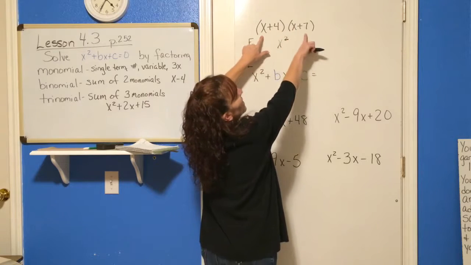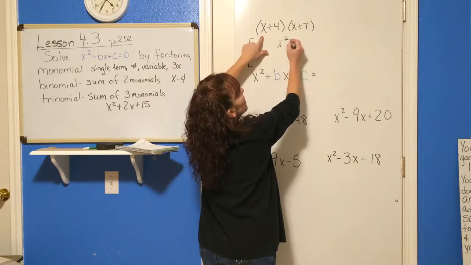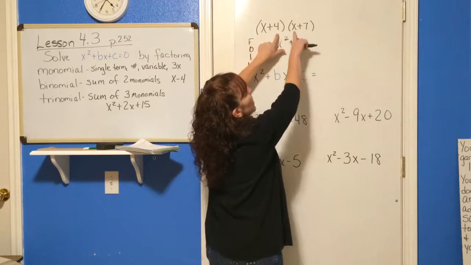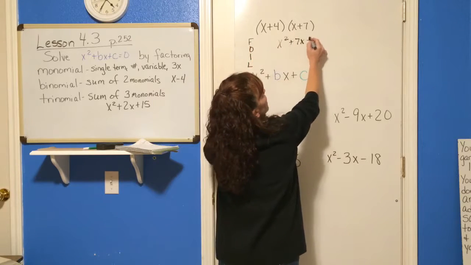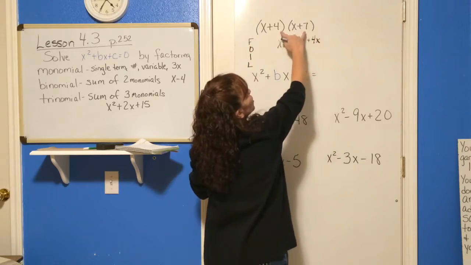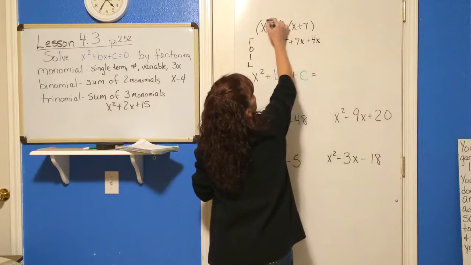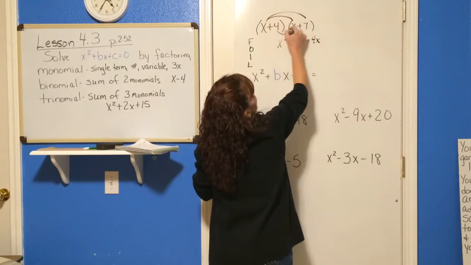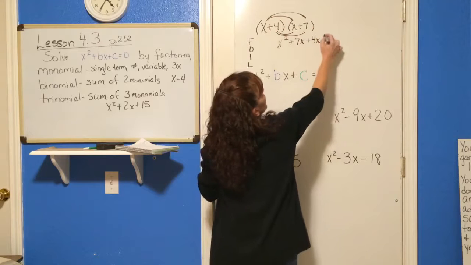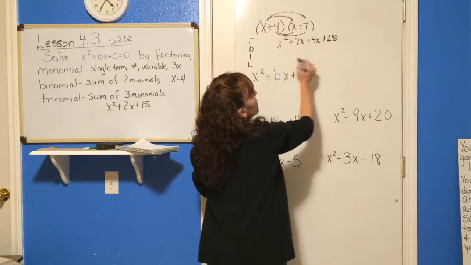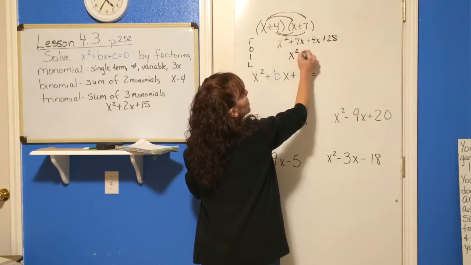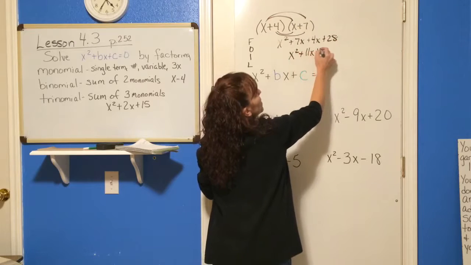The outside was 7 times the x, which gave you the 7x. The inside terms were 4 times x, and the last terms were 4 times 7. So first, outside, inside, last. So your final answer would have been x squared plus 11x plus 28.